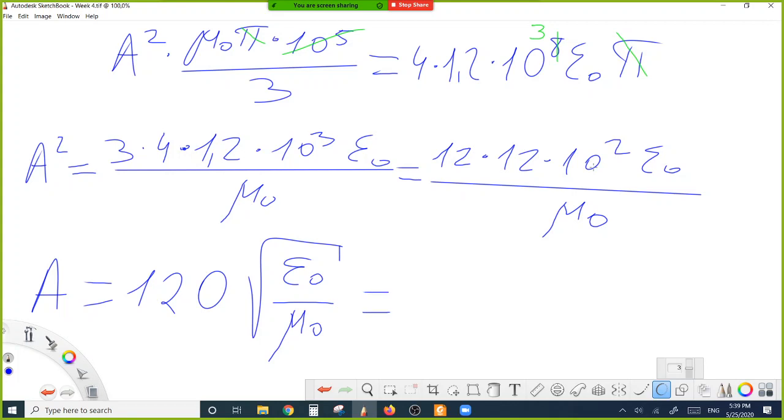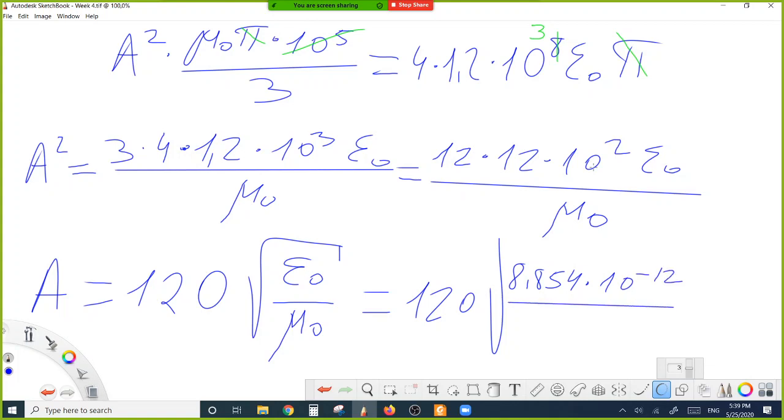Okay, if we put numeric values here, what do we get? 120 square root of the numeric value of epsilon 0, which is 8.854 10 to the minus 12, if I'm not mistaken, and the numeric value for mu 0, 1.257 10 to the minus 6.